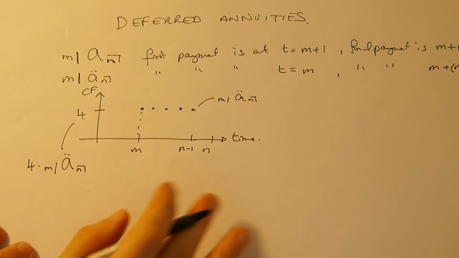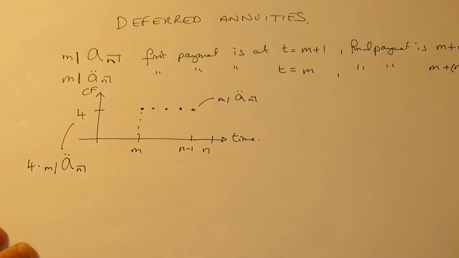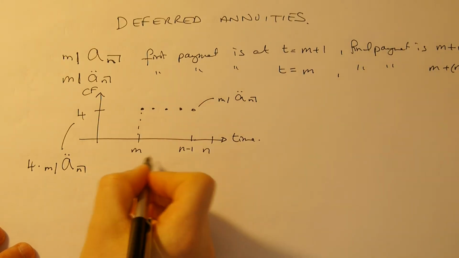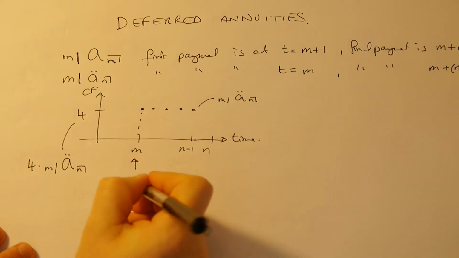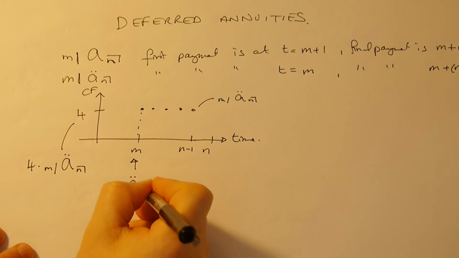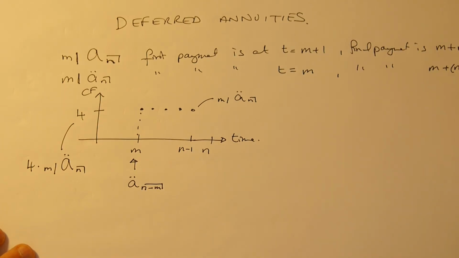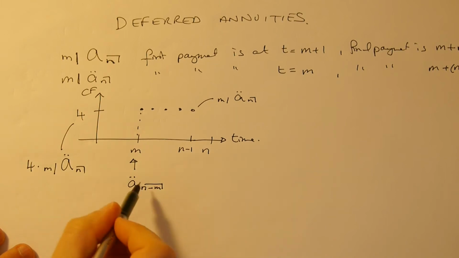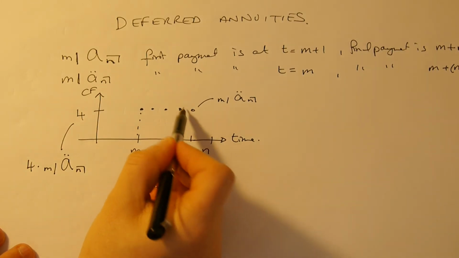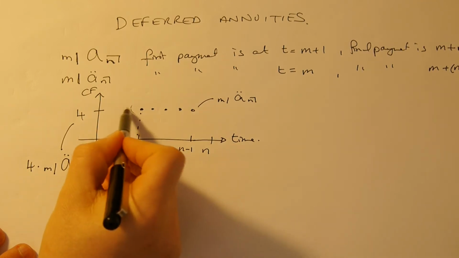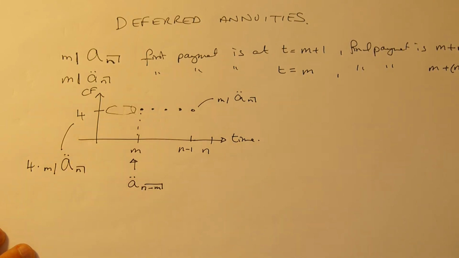Right. Okay. So how can we calculate these things? So looking at this example again, what have we got? Well, here we've got an advanced annuity for n minus m periods, or years in this case. So this gives the correct number of payments. Obviously, if we just had n, it would include these payments here, which we haven't got.